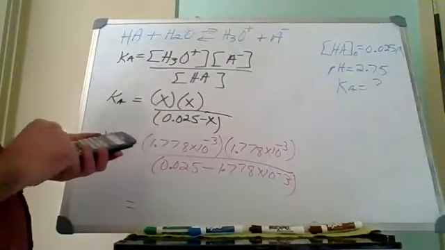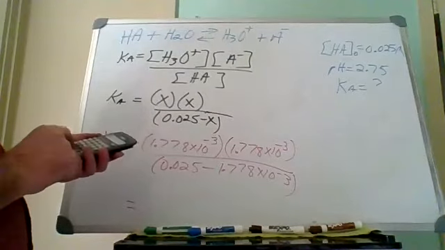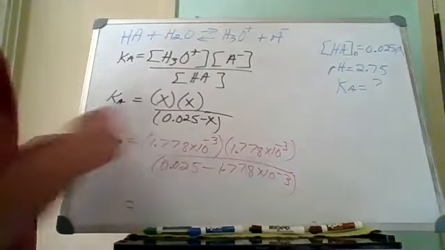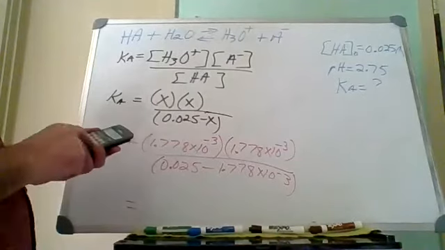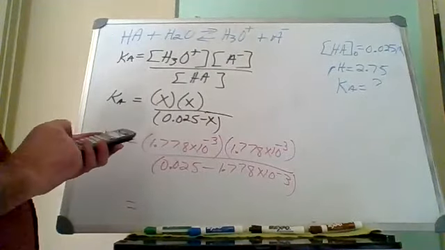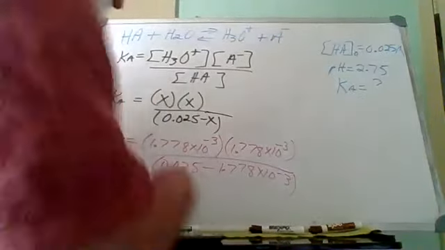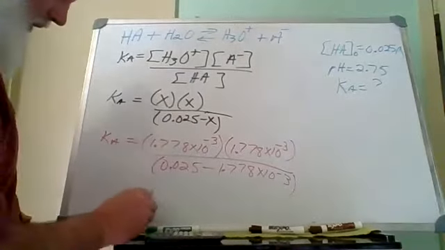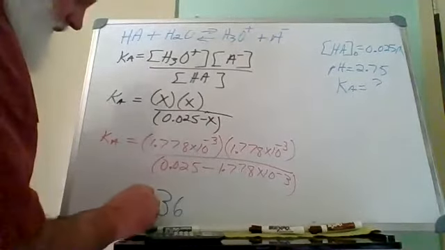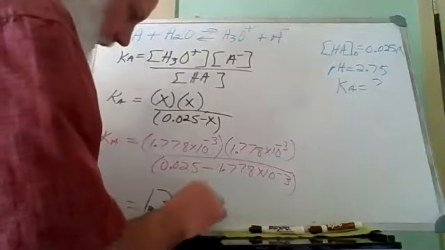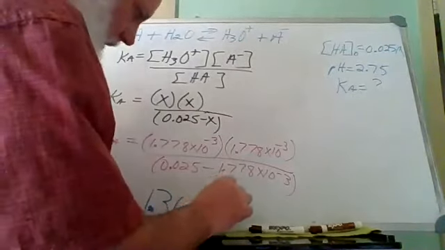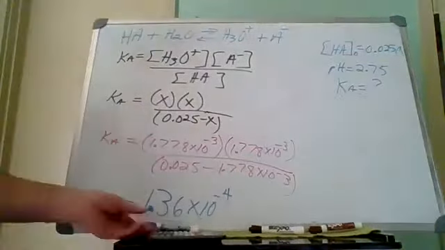So 1.778 E negative 3 squared divided by recall 1 equals, and I get 1.36 times 10 to the negative fourth.